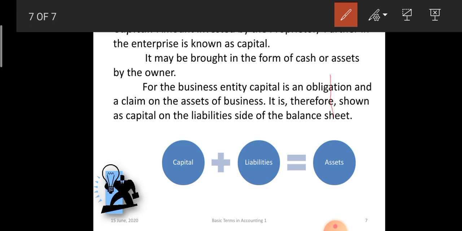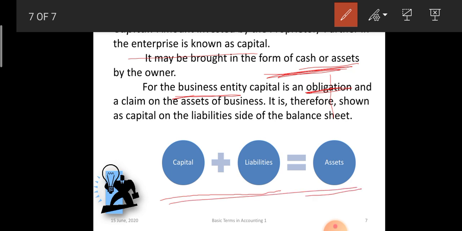Capital is the amount invested by the owner in the enterprise. It can be introduced in the form of cash or assets. And for the business entity, capital is an obligation, a liability. Capital plus liability is equal to assets. This is known as the accounting equation. So the accounting equation is assets equal to capital plus liability.